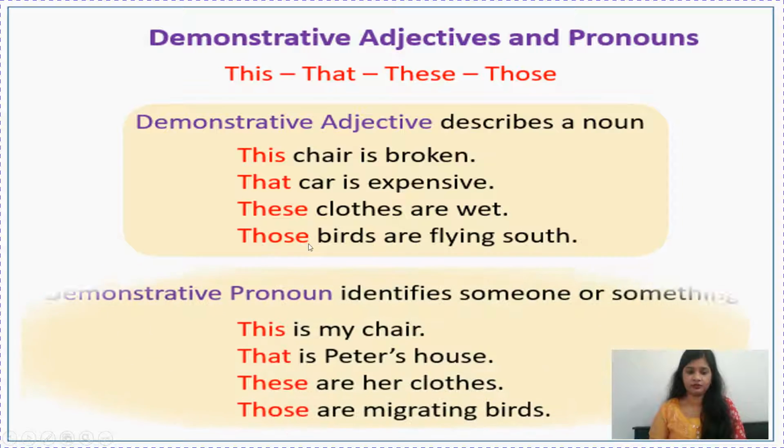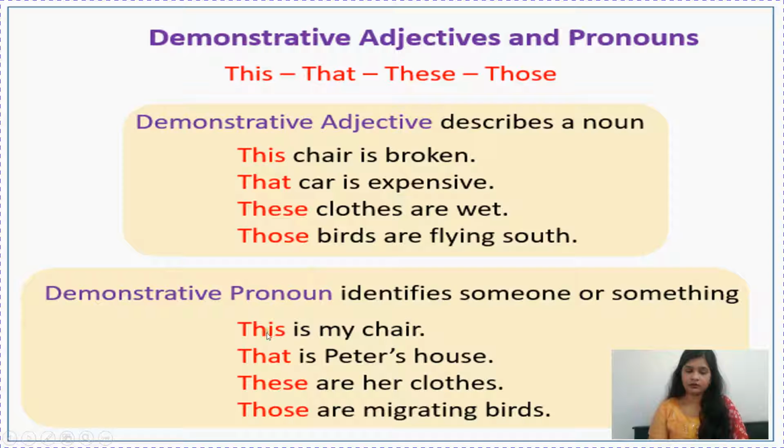In the same way, children, a demonstrative pronoun identifies someone or something. Like we have already read that any word which comes in place of a noun is called a pronoun. So let's see an example of a demonstrative pronoun. This is my chair. See children, first we have read this chair. Fine. So this was a demonstrative adjective because it was identifying and modifying a noun. But here, this is my chair.